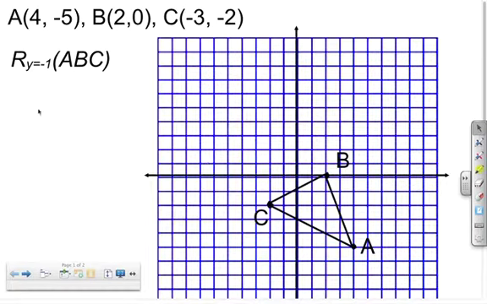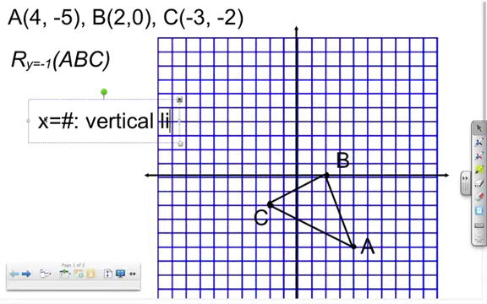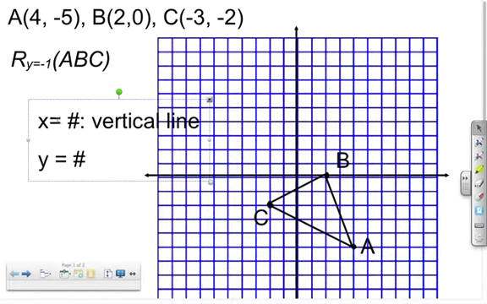So you need to remember, we've talked about this before in direct instruction, that when you have an equation that's x equals a number, that's a vertical line. Whereas when you have an equation y equals a number, that's a horizontal line.